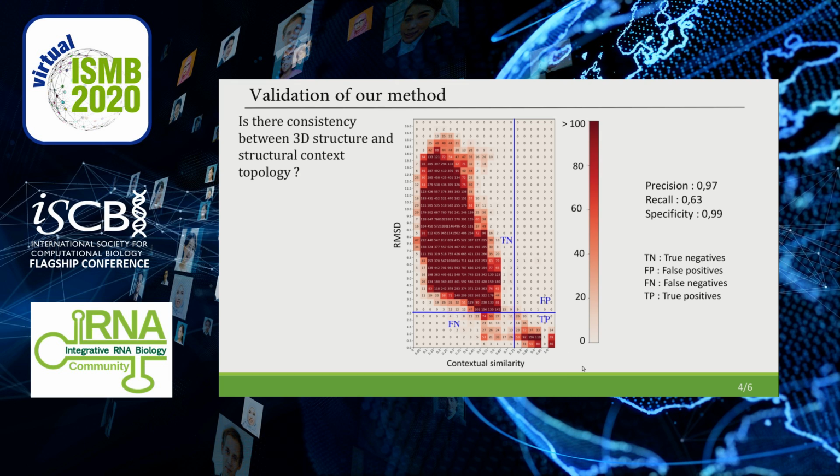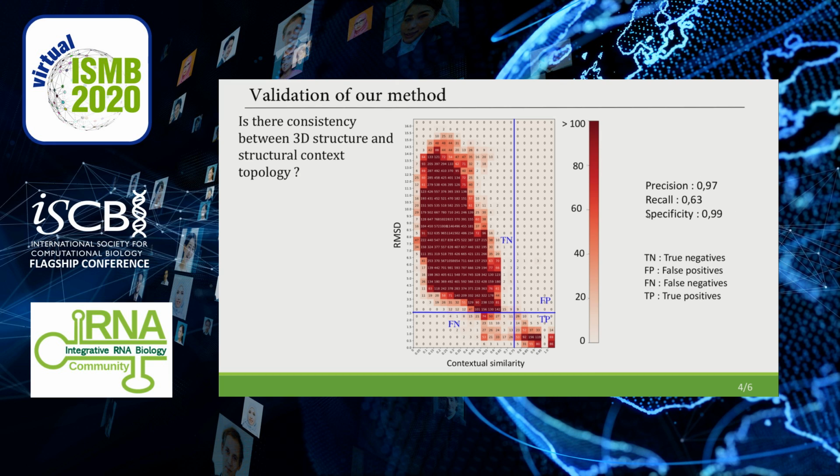And to be more precise, we choose a threshold in RMSD to determine similar 3D structures, and a threshold in contextual similarity to determine similar structural context topologies. We want to minimize the number of false positives and false negatives, and so we choose the threshold indicated in blue line, so it is 0.75 for the contextual similarity and 2.5 for the RMSD.